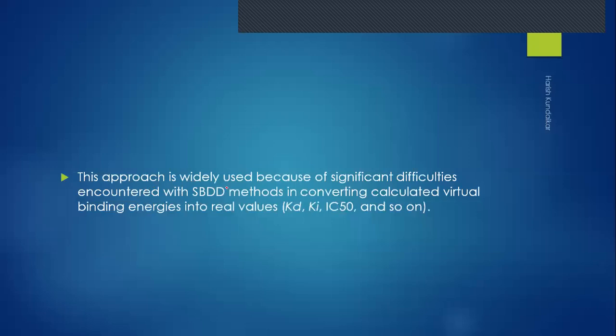Now this approach is widely used because of significant difficulties encountered with SBDD in converting calculated binding energies into real values of KD, KI, IC50, and so on. We talked about this with docking as well: we cannot correlate binding affinity with KD values, KI values or IC50 values. But with QSAR, that is possible.